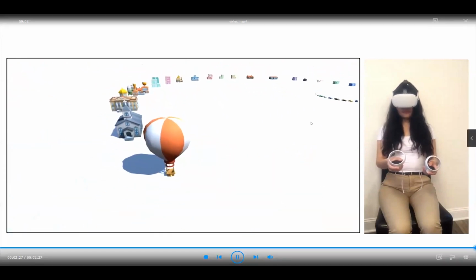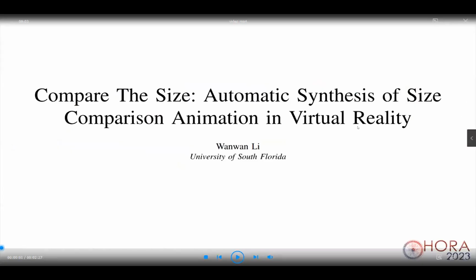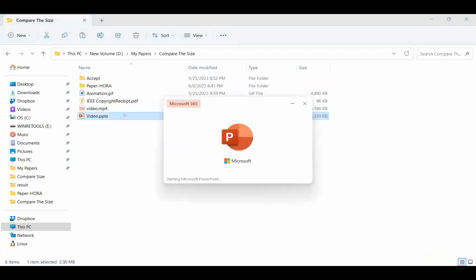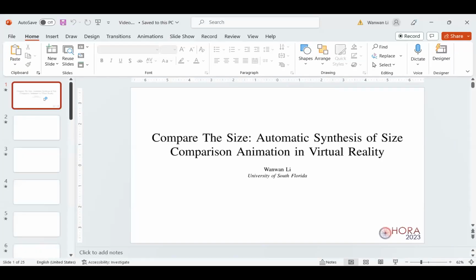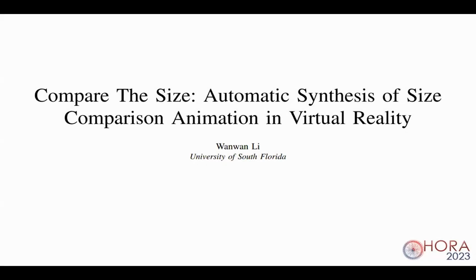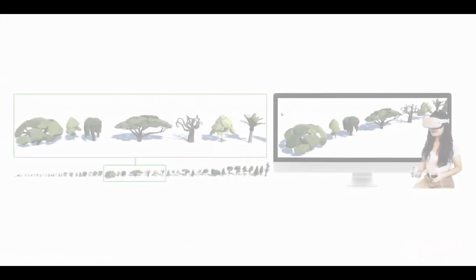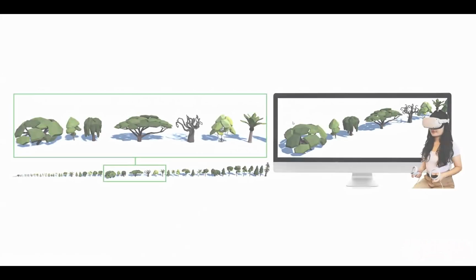Thanks for watching. Okay, so let me present the paper now. I'm presenting the paper on the automatic synthesis of size comparison animations. This shows the overview of the approach.